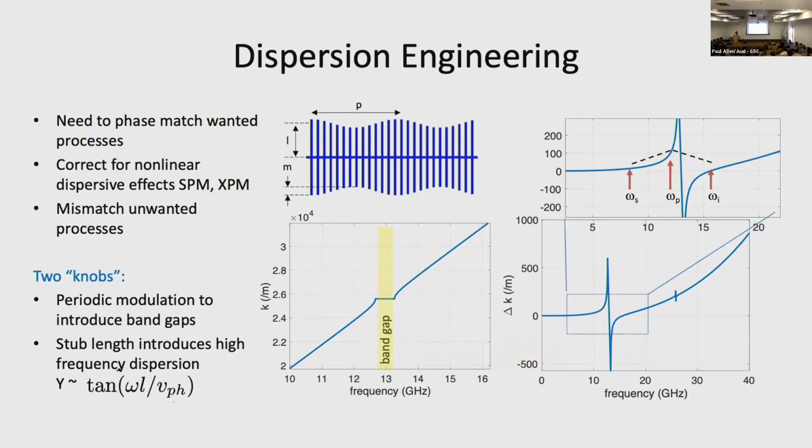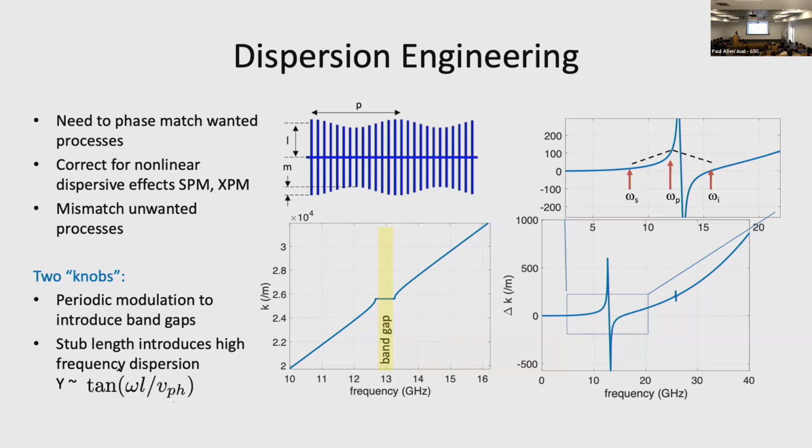The point here is to try to slow down the pump tone a little bit in order to compensate for the nonlinear dispersive effects, which are the self and cross phase modulation, which would otherwise, even in a uniform transmission line, give you a phase mismatch.